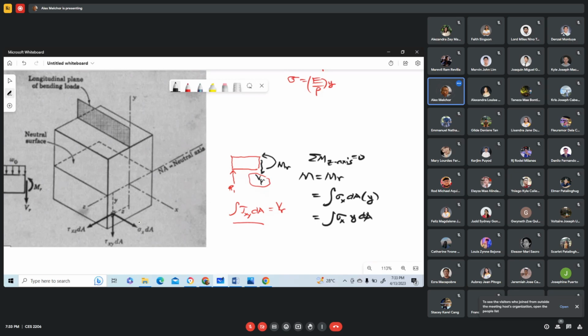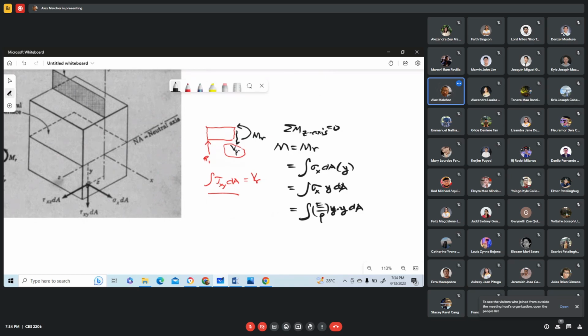Now this sigma x here is the same as this. So that sigma x is equal to E over rho multiplied by y, times y times the dA. Okay?